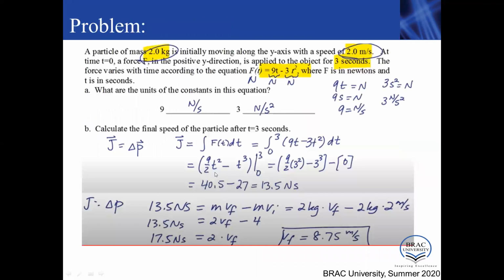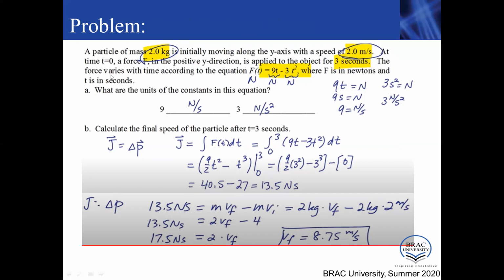Okay. Now let's solve a problem related to variable force impulse. A particle of mass 2 kg is initially moving along the y-axis with a speed of 2 meters per second. At time t equal to 0 seconds, a force F in the positive y direction is applied to the object for 3 seconds.